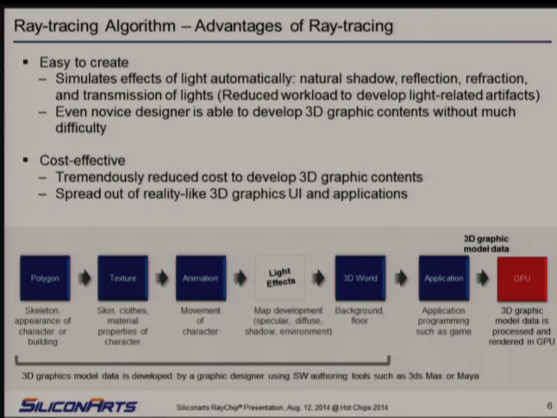Additionally, shader programming effort is required. So ray tracing helps under-trained designers and developers to have easier access to developing 3D contents, and this leads to saving time and money.